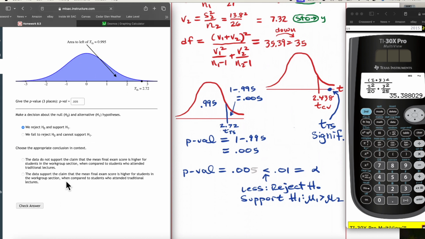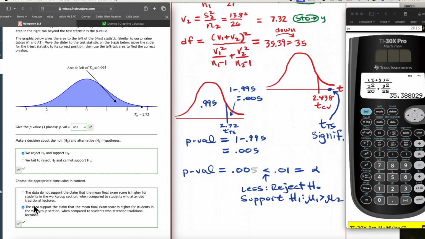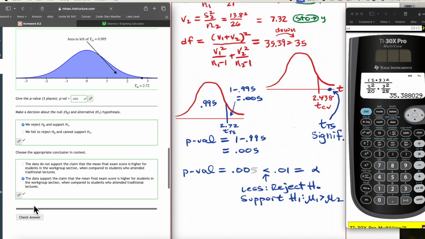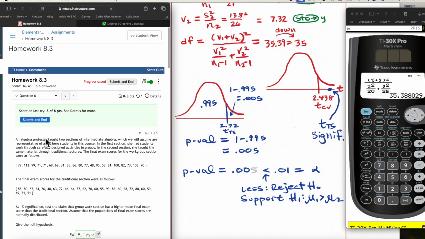And so we're talking about the alternative in our conclusion. The data do support the claim that the mean final exam score is higher for students in the work group section. Mu1, that's the work group section, and we're saying we support the fact that it's greater than the average in the lecture section. Should be good? Yep, so perfect again, and we are done.